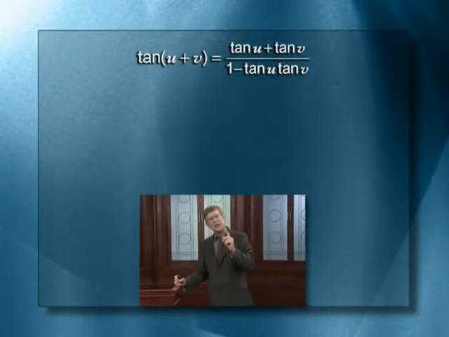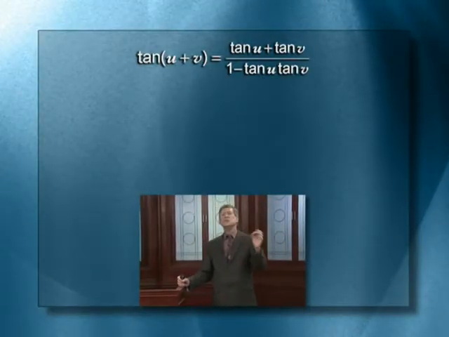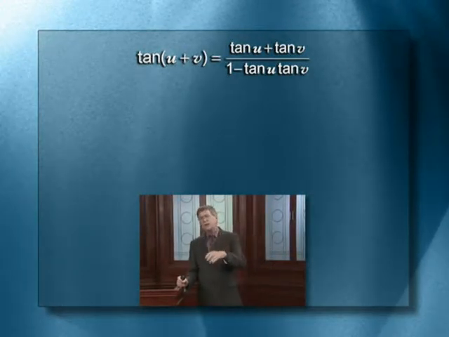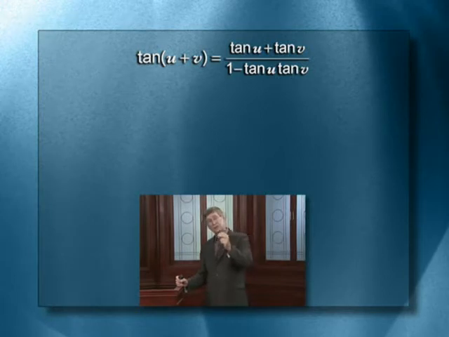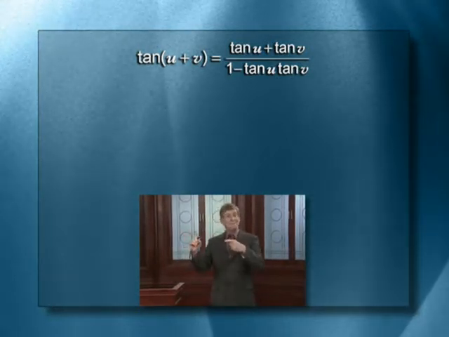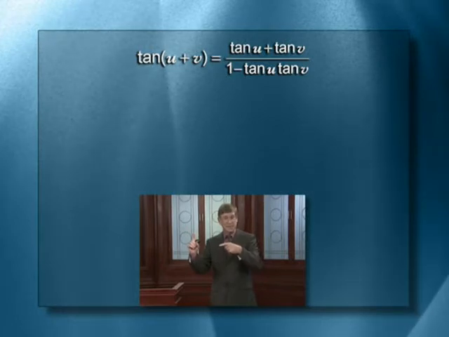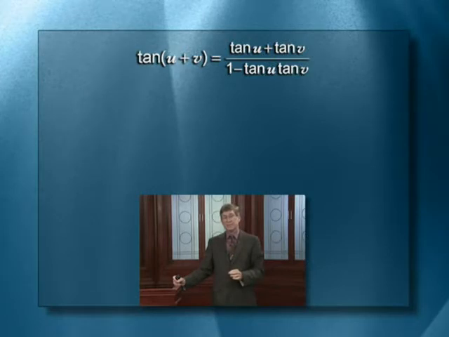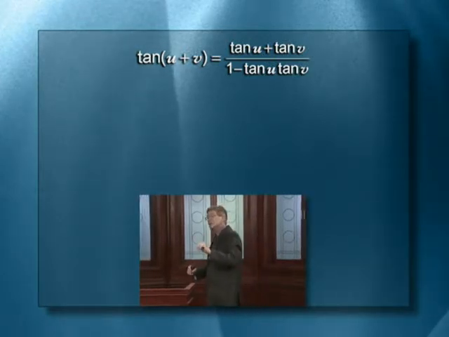Here they are. Tangent of u plus v, tangent of a sum, equals, it's a quotient. In the numerator is tangent u plus tangent v. And in the denominator, it's 1 minus, ouch, minus tangent u times tangent v. Don't blame me that it's complicated.